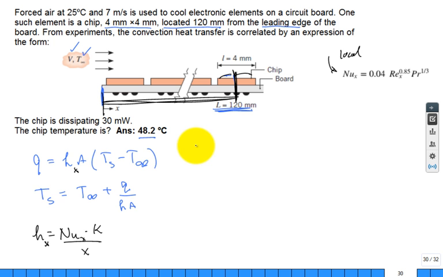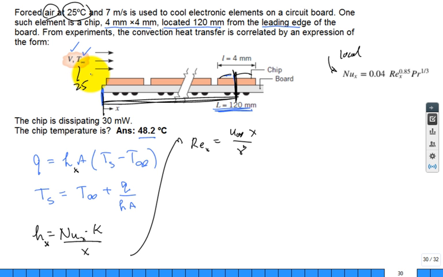All right. So before I use that equation, what do I need to know? My Reynolds number. So my U infinity, my x divided by my nu. I need to get my properties for air. Because we have air right here, we have to do some estimates. We know that the air temperature is 25.